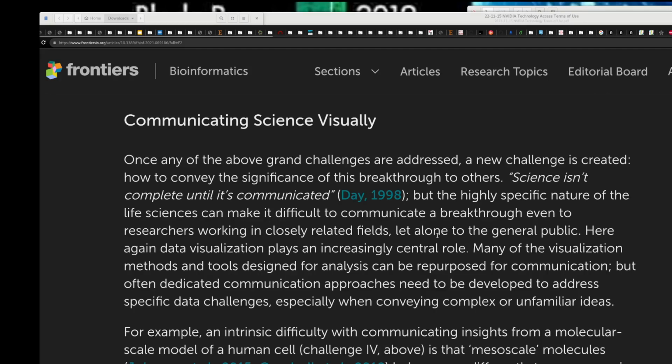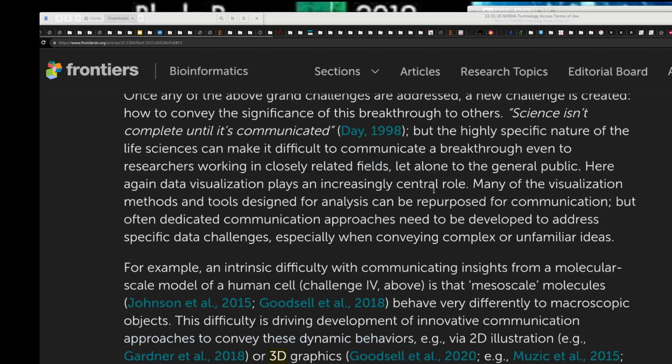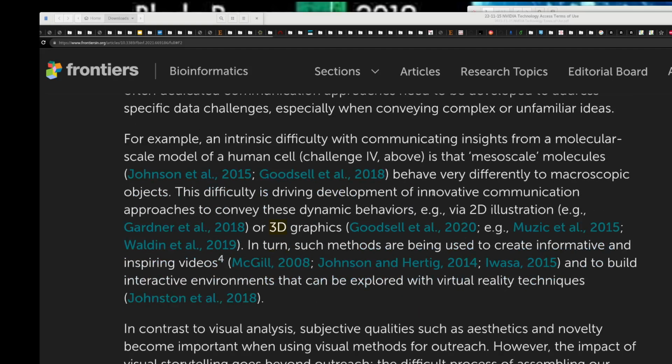For example, an intrinsic difficulty with communicating insights from a molecular scale model of a human cell, challenge 4 above, is that mesoscale molecules, Johnson et al. 2015, Goodsell et al. 2018, behave very differently to macroscopic objects. This difficulty is driving development of innovative communication approaches to convey these dynamic behaviors, for example, via 2D illustration, for example, Gardner et al. 2018, or 3D graphics, Goodsell et al. 2020, for example, Music et al. 2015, Walden et al. 2019.